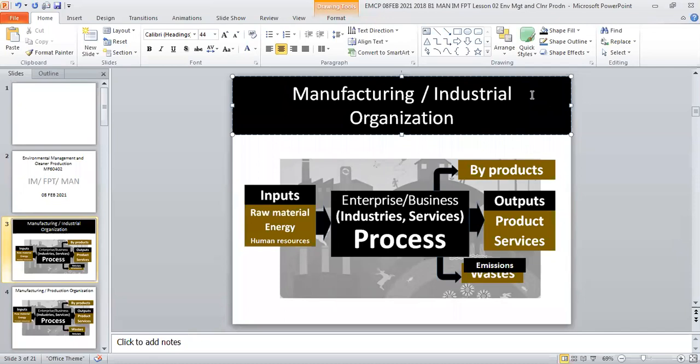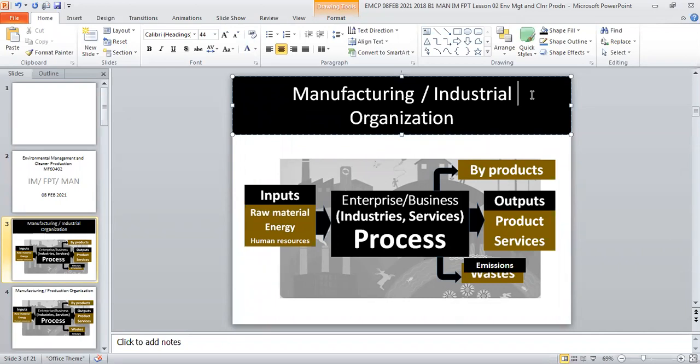So this environmental management is connected with production or manufacturing or industry or trade. So it is very important to know in general how the organization of manufacturing or industry or service or trade or business or enterprise would be.